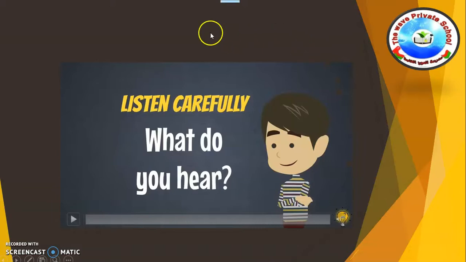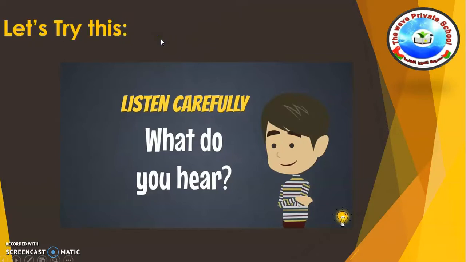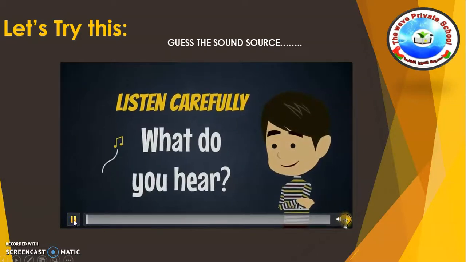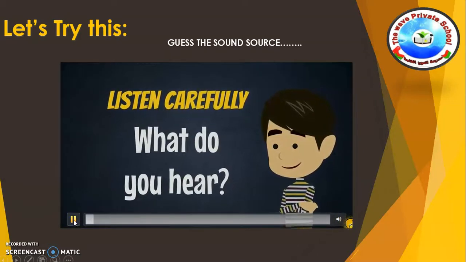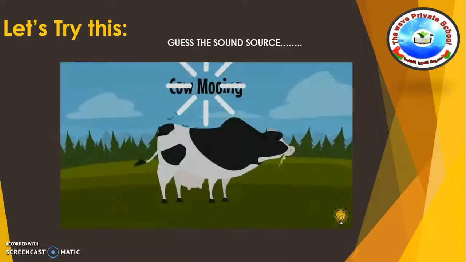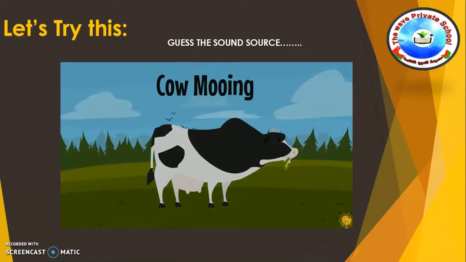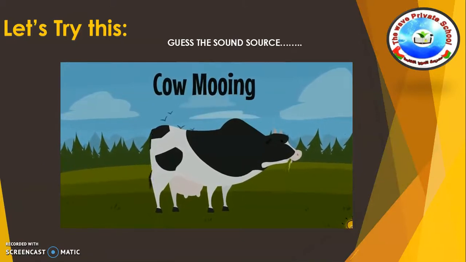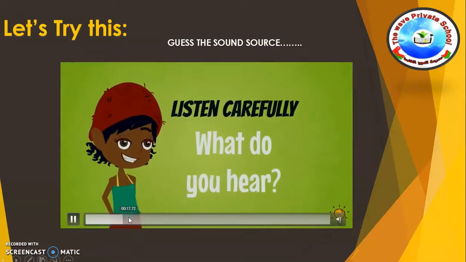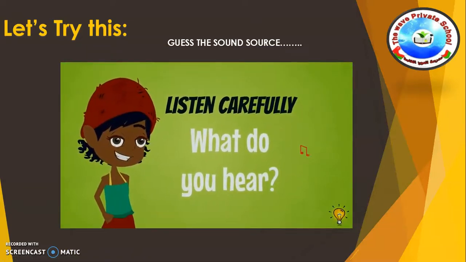So this time, I want you to try this. Close your eyes and guess what is the sound source of these sounds. Guess what is the sound source? How about this one?